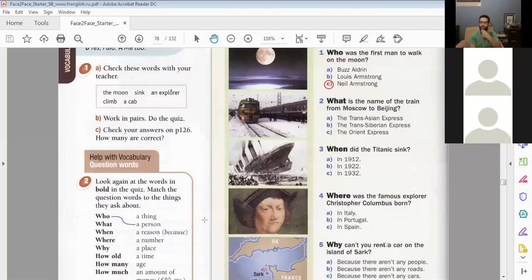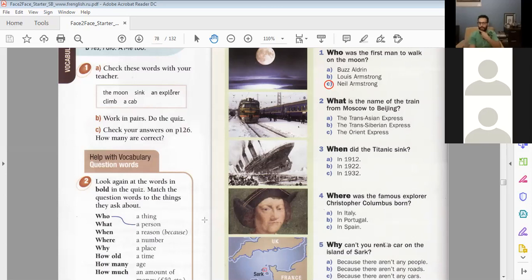Beijing, Asian Express, Trans-Siberian Express, Orient Express.